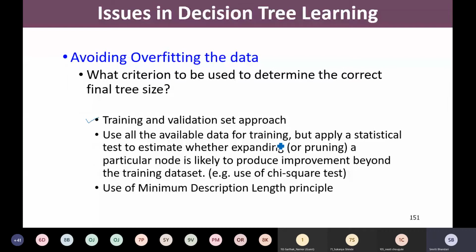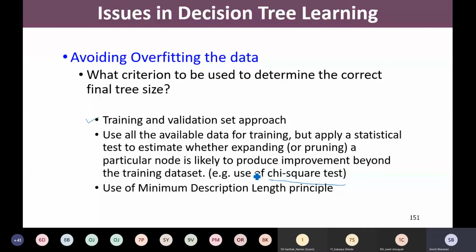We are using all the available data for training, but we are applying one statistical test to estimate whether expanding a particular node is likely to produce more accurate results. I'll repeat what we are going to do. We are going to make use of all available data for training. But while expanding a node, we are going to apply one statistical test. That test may be the chi-square test. You might be aware of this test in statistics. So we may apply this test and estimate whether expanding a particular node is likely to produce an improvement in the result with respect to the training data set.